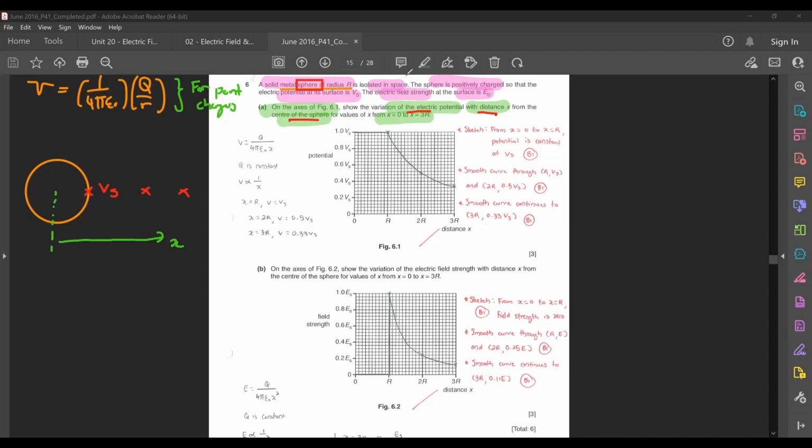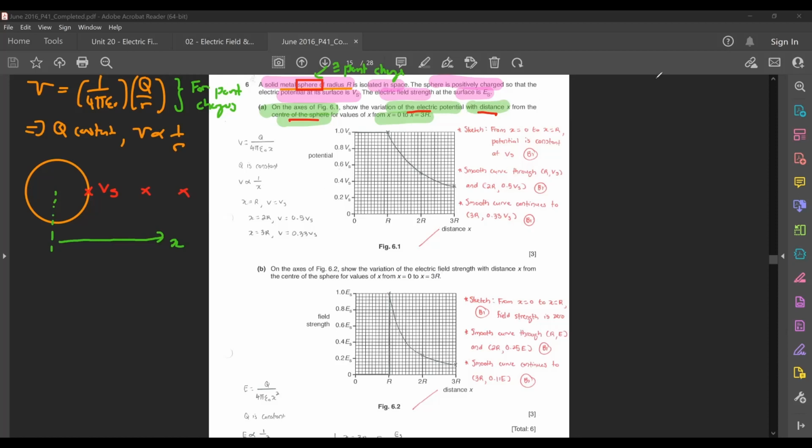In the case of a sphere, this is not an issue because I mentioned to you before that a sphere is actually identical to a point charge when you look at the electric field lines. So I can actually use this equation for the sphere, no issues here. Now from there, you can see that if Q is constant, potential is inversely proportional to R.